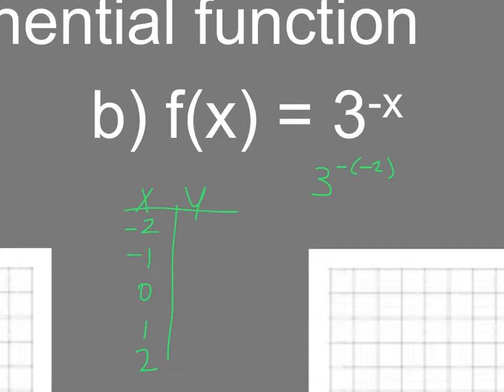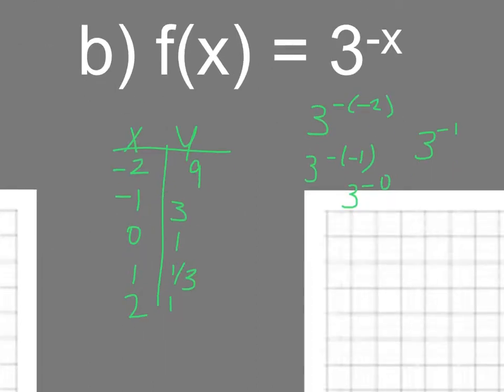Positive, so it's 3 to the 2, which is 9. Then I have 3 to the -1, which is the same as 3 to the 1. Then I have 3 to the 0, which is 1. Then I have 3 to the -1, 1/3. Then I have 3 to the -2, which is 1/9.